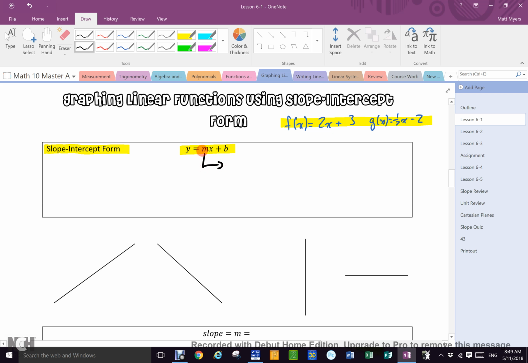The M always gives what we call the rate of change, because that's what we called it last unit, correct? If we're talking about distance and time, then it gives us a rate of change. It gave us the speed. If we're not talking about distance and time, we're just talking about x's and y's, it always gives the slope.